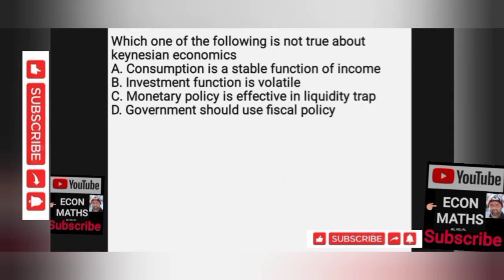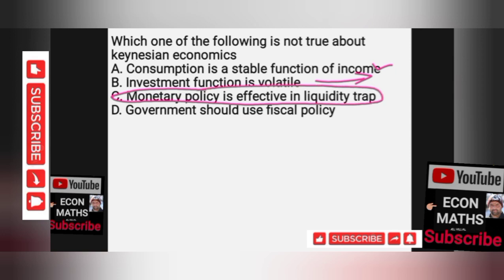Next question was, which of the following is not true about the Keynesian economics? First is, consumption is a stable function of income. Yes, from the consumption function rule, this is true. Investment function is volatile. Yes, we know investment is a function of rate of interest, so this is volatile. Monetary policy is effective in liquidity trap. No, this is not the proposition of the Keynesian economists.